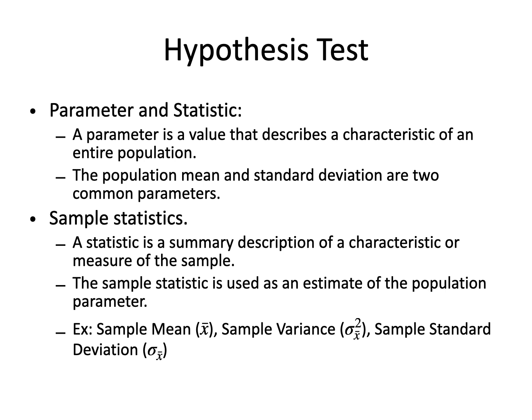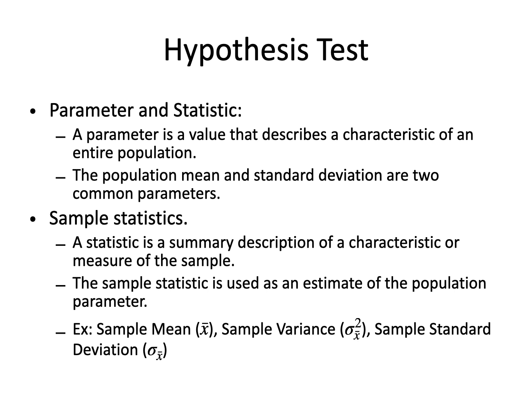Another terminology is the parameter and statistic. A parameter is a value that describes a characteristic of the entire population. Like, the population mean and standard deviation are two common parameters. In terms of a sample, we call it a sample statistic.